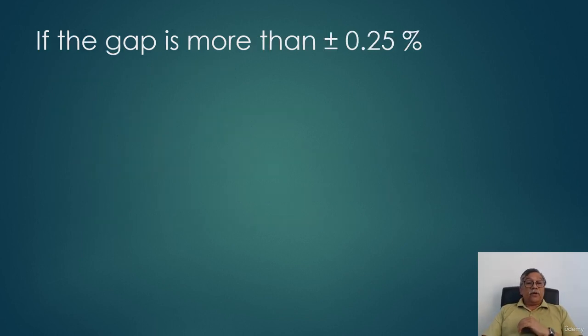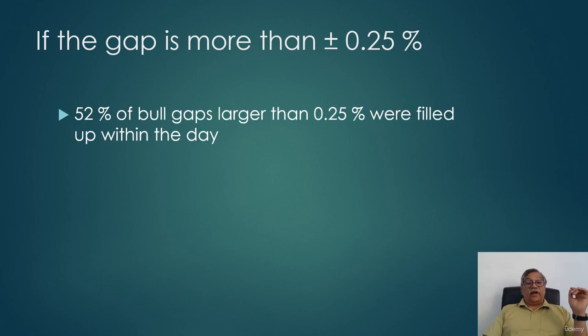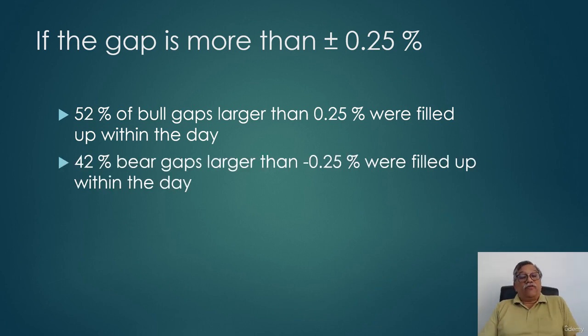Okay. If the gap is more than 0.25%, 52% of the bull gaps were filled up within the day. So half of them. And 42% of bear gaps larger than 0.25 were filled up within the day. When I say larger than 0.25, it also includes larger than 0.5 or larger than 1.